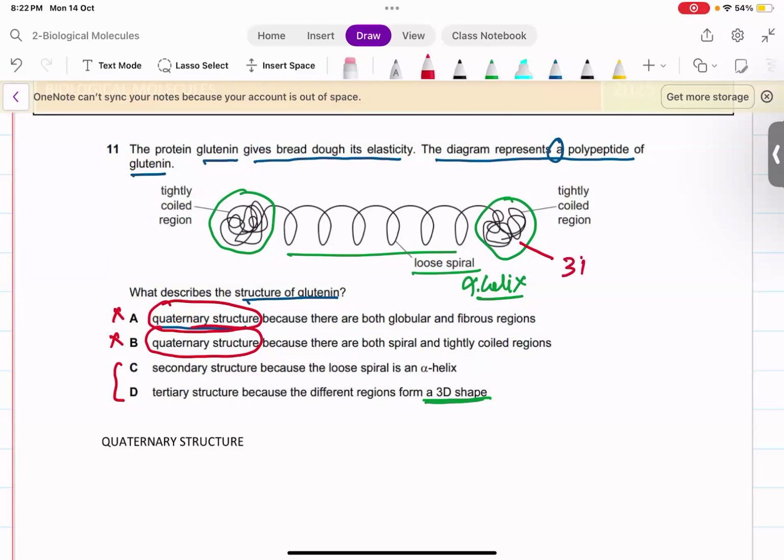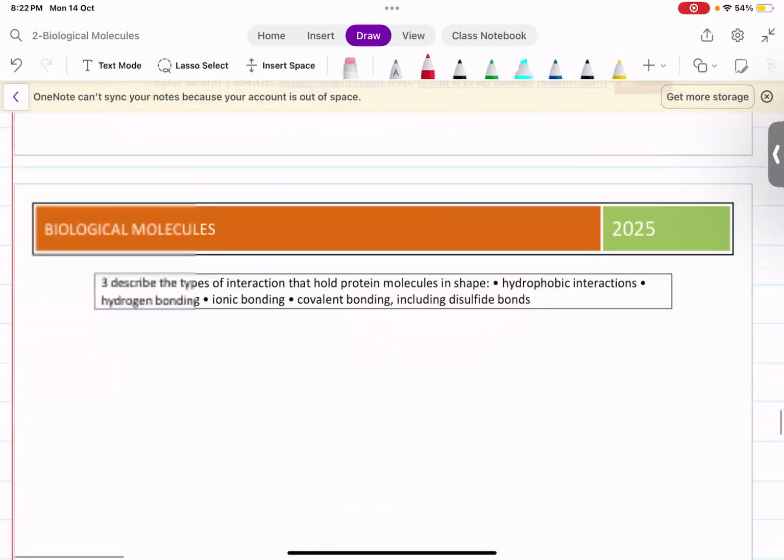So when a 3D shape is present, it is coiling and further folding of a polypeptide. It is a tertiary structure. So when the tertiary structure is there, obviously we will not talk about the secondary structure. Both cannot be true. So the final is the tertiary structure. That's why D should be the correct choice. Okay. Let's see then the quaternary structure.